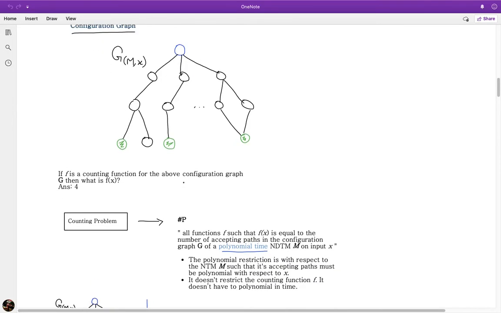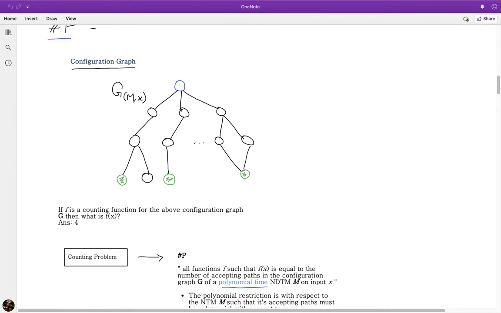So let's define f as a counting function for the above configuration graph. So what is a counting function? A counting function is a function which counts the number of paths in a configuration graph which end up in an accepting node.